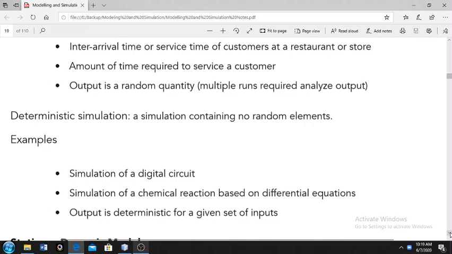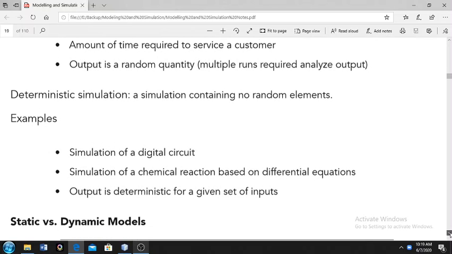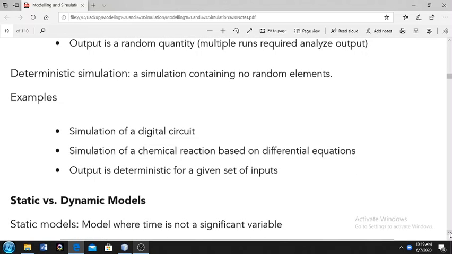A simulation containing no random element. For example, simulation of a digital circuit, or simulation of a chemical reaction based on differential equations. Output is deterministic for a given set of inputs. Here, guys, what is the probability of your experiment not being successful?